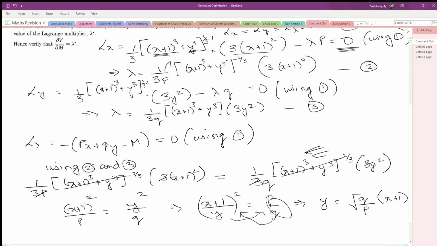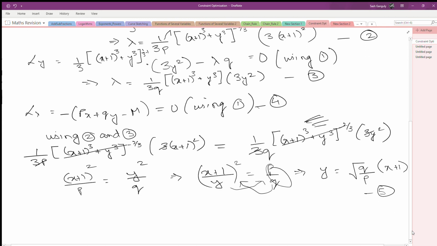Okay. So now that we know this relation, let's call this relation 4, and this is 5. So from 4 and 5, what do we get? From 4 we have px plus qy equal to m, right?